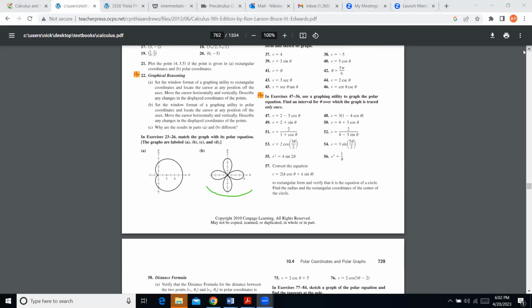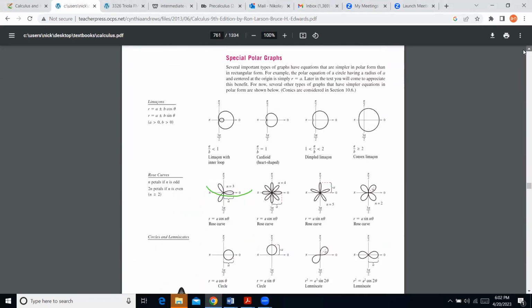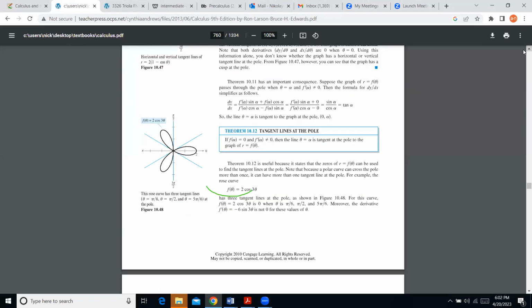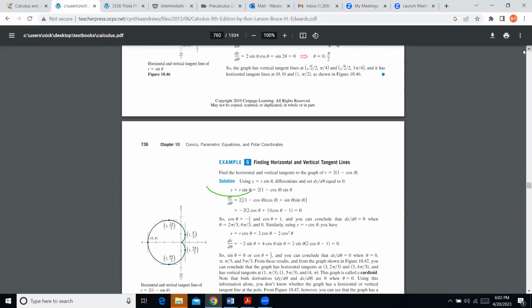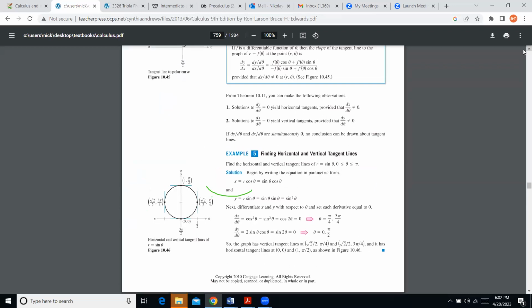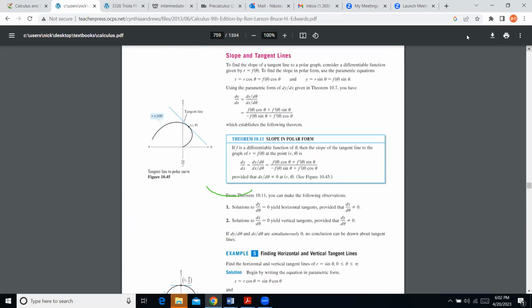So I want to now add the calculus story to what we saw last time. I deliberately decided not to overload you, because the section contains quite a bit of material.